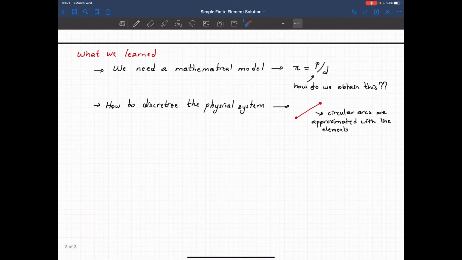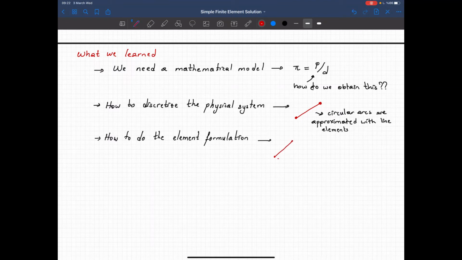Now, the third question: I decided to approximate the circular arcs with line elements, but how do I calculate their length? Or, in other words, how to do the element formulation? We want to calculate the length of that line, and how do we do that? Of course, we use a very simple approach. We know what the radius is.